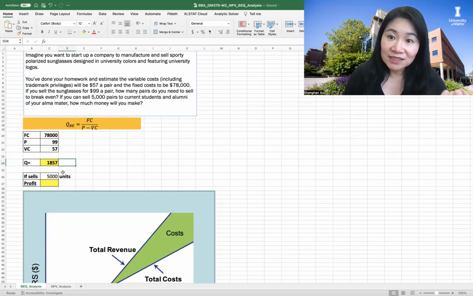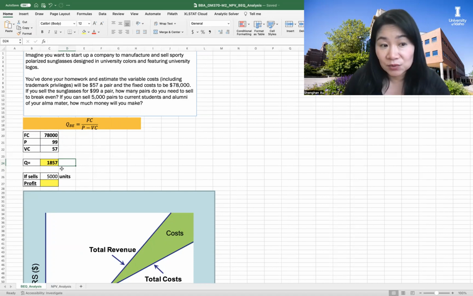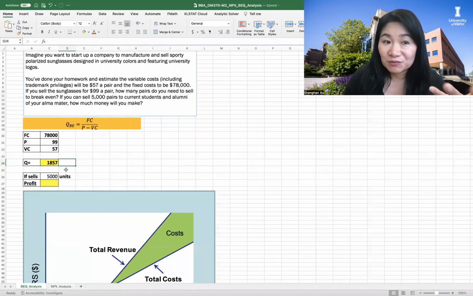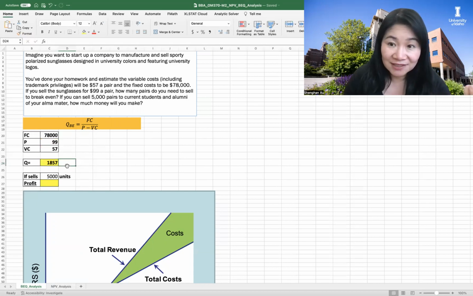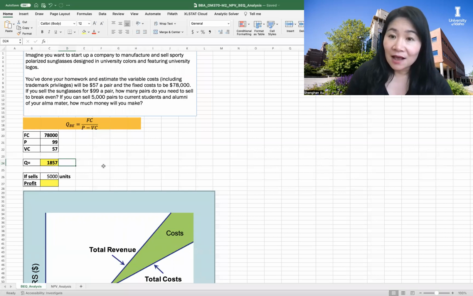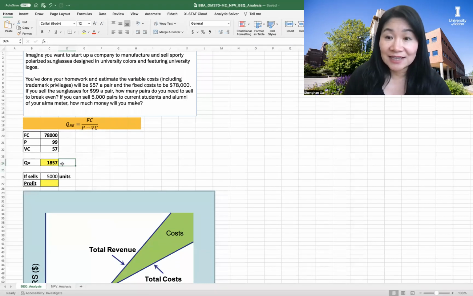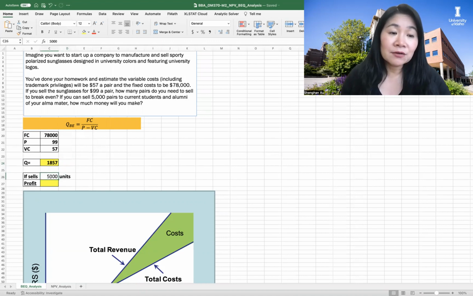If the demand quantity is less than that, with the current setting, you're going to lose money. So when you make a decision whether you want to proceed with this option, you're going to ask: will my demand be higher than this 1,857 pairs, right?